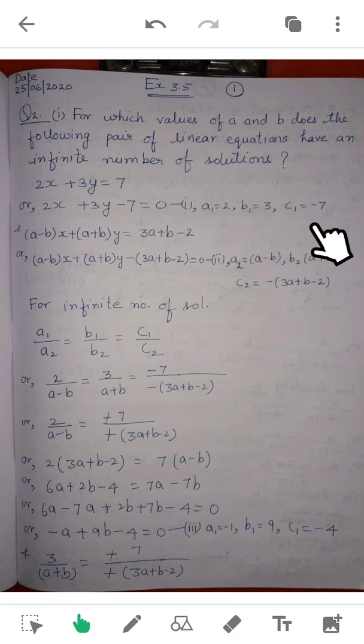Now we are coming to the second equation which is given to us: (a minus b)x plus (a plus b)y is equal to 3a plus b minus 2. This is the constant term. We will take the whole constant term from the right hand side to the left hand side. See, (a minus b)x will remain the same, then plus (a plus b)y will remain the same.